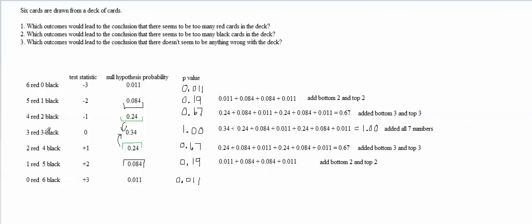Down here, when the hand of 6 cards starts to get more black and fewer reds, the p-value also drops. Once going in this direction, once it drops to the point where it's less than 0.05, is when you actually say that there's too many red cards in the deck. Going in this direction, once it drops down to the point where it's 0.05 or less, you say that there's too many black cards in the deck. Or that's at least what you conclude.